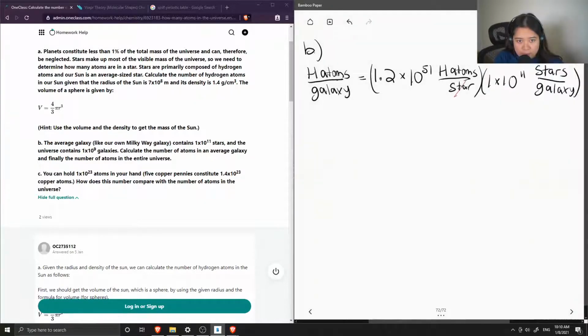So now we can get the number of hydrogen atoms in the galaxy. And this is going to be 1.2 times 10 to the 62 atoms per galaxy.